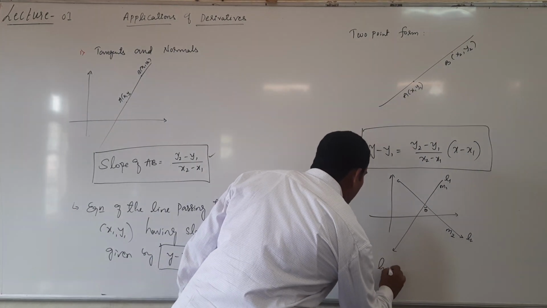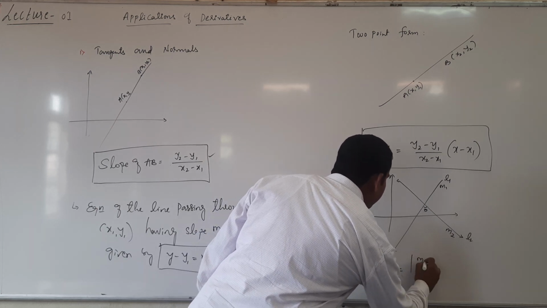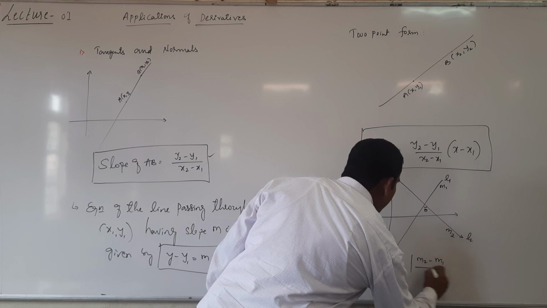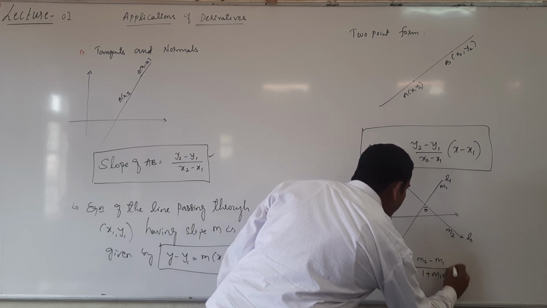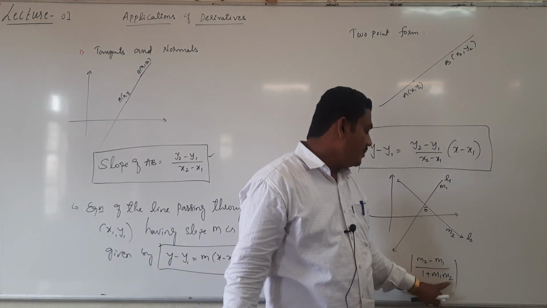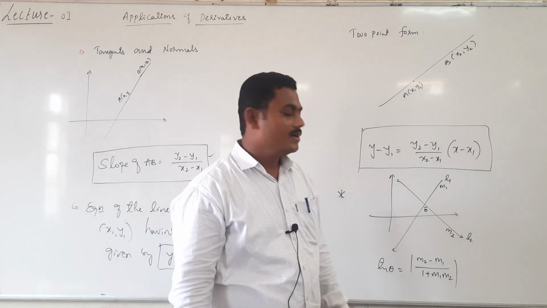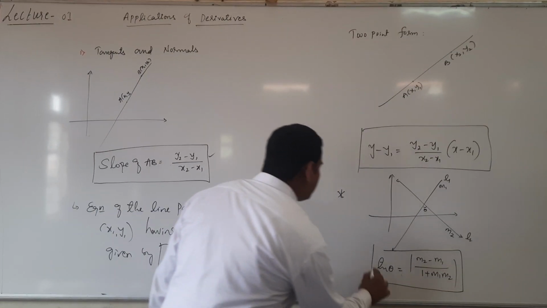Then tan theta is equal to modulus of m2 minus m1 divided by 1 plus m1 into m2, and necessarily 1 plus m1 into m2 is not equal to 0. This is the acute angle between two straight lines.